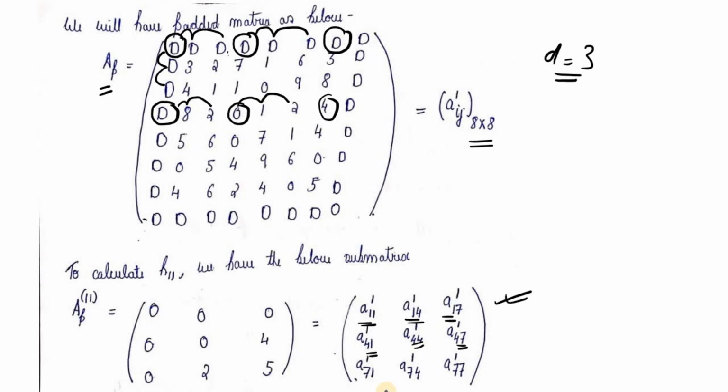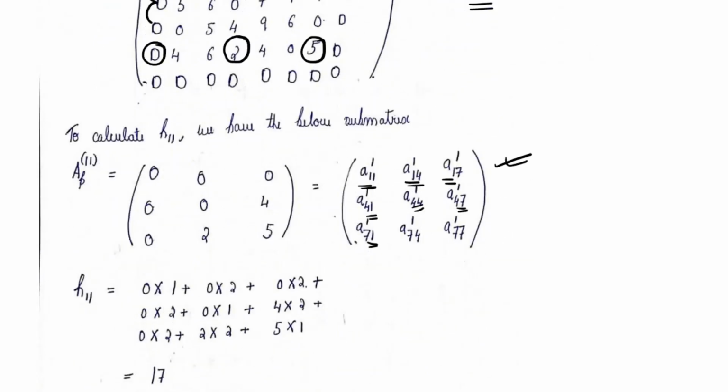Now this being done, we move a step below. I jump once, I jump twice, and the next value is written over here, which is A71. Again, this will be written and this will be written. So this is how I am able to extract the first submatrix. But we are only half done because we have to perform the convolution operation as well.